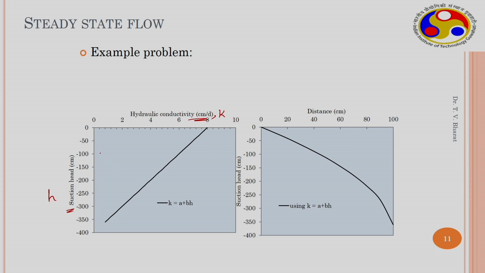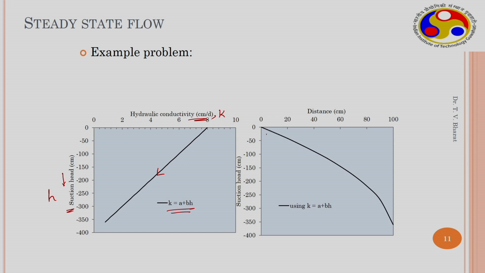So as the suction head changes, this can be seen in this manner. Hydraulic conductivity decreases with increase in the suction head, right? As the suction head is dropping, becoming more and more negative, the hydraulic conductivity decreases. So this is the expression we have utilized. If we utilize it, then this is the variation of suction versus distance.